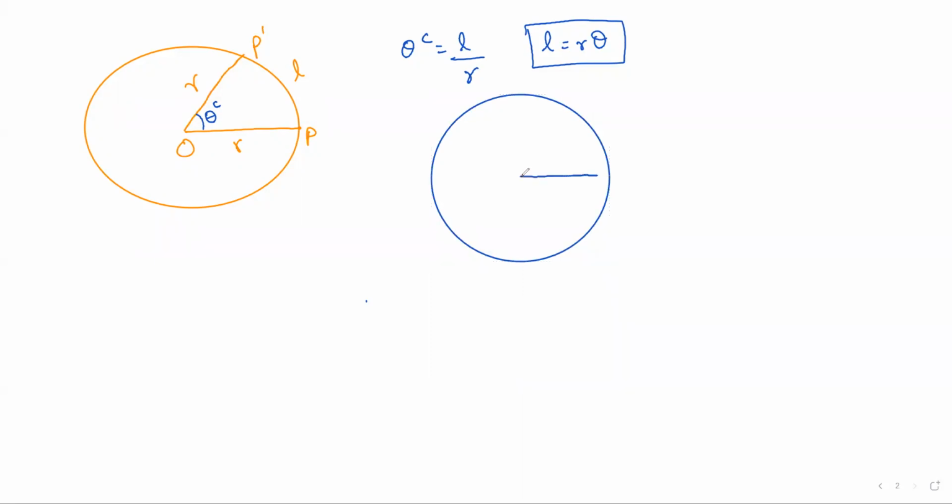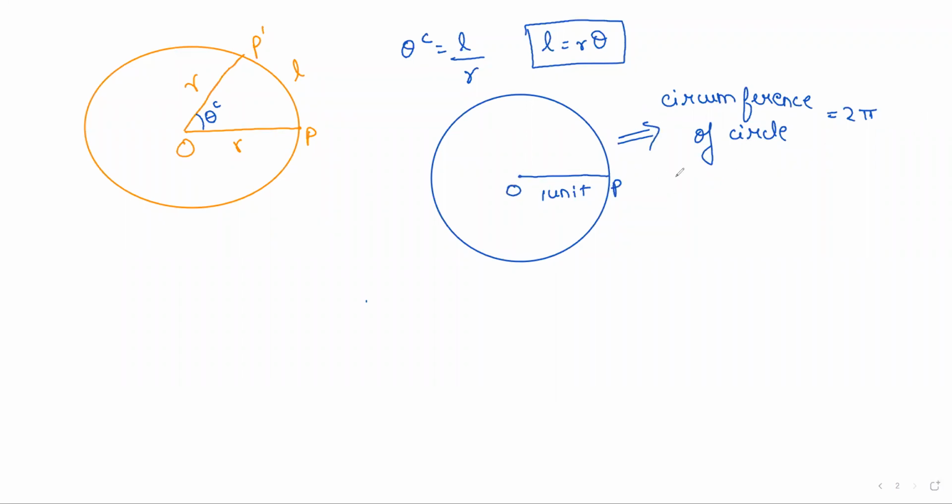So if you have a unit circle, 1 unit, we know that the circumference of the circle is equal to 2 pi r. For a unit circle, r is equal to 1. Hence, substituting this, you get the circumference of the circle as 2 pi for this particular circle of unit radius.